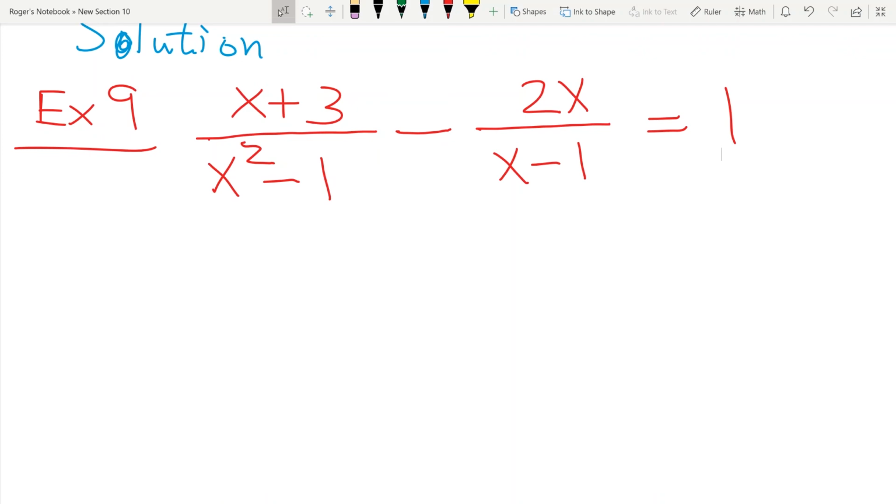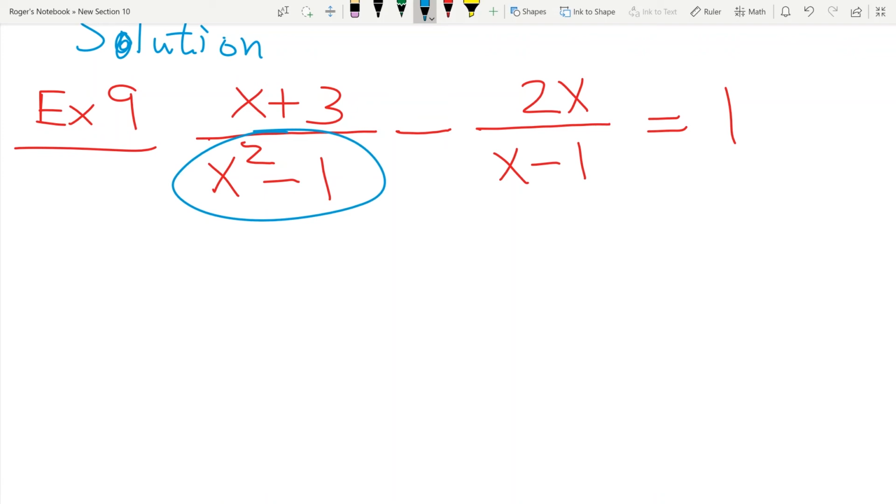So for example, in this problem, if you take a look, this guy right here, x squared minus 1, does that look familiar? Come on, somebody. Does it look familiar? Yes, it does. It is the difference of two squares.